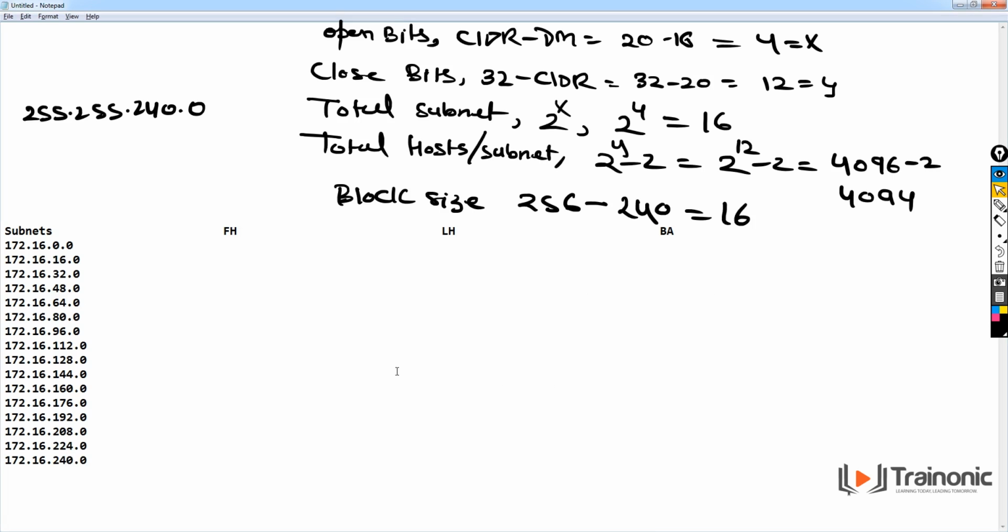This is our first, second, third, fourth, fifth, sixth, seventh, eighth, ninth, 10, 11, 12, 13, 14, 15 and 16. Yes, 16 subnets we will get.